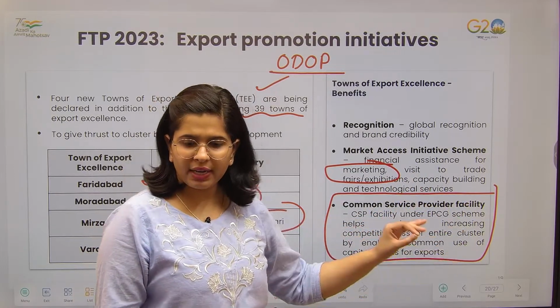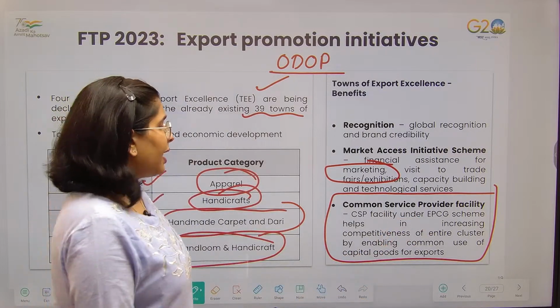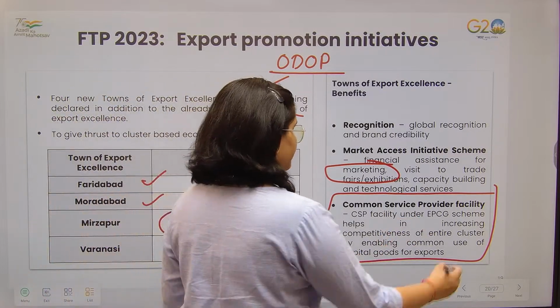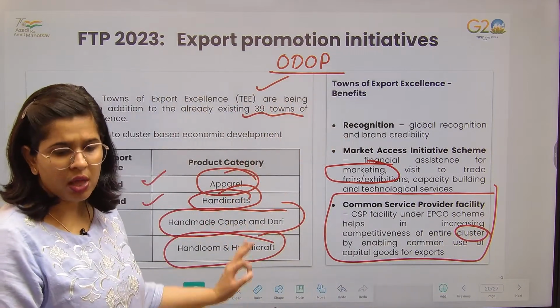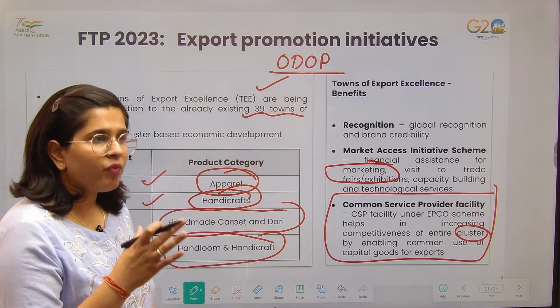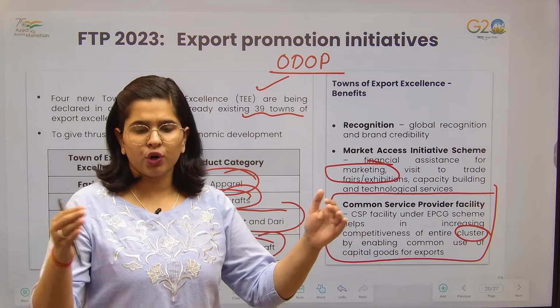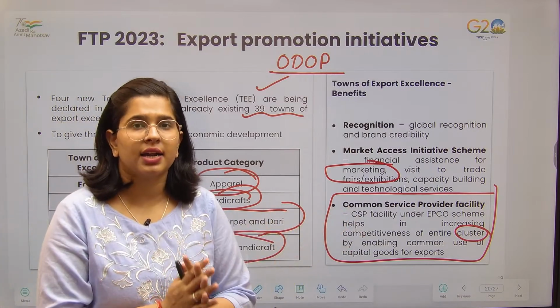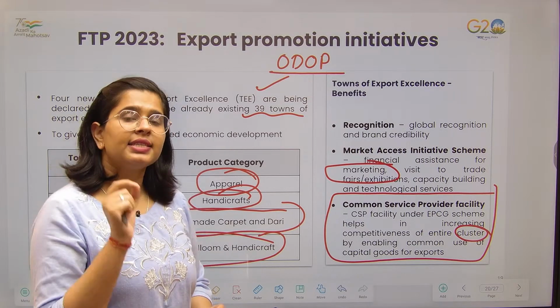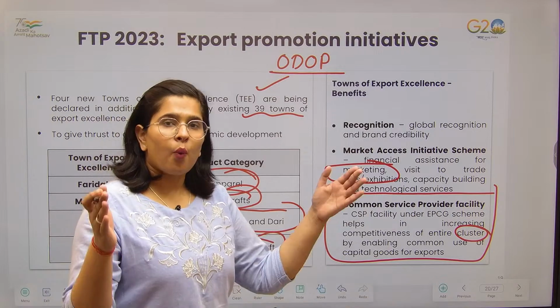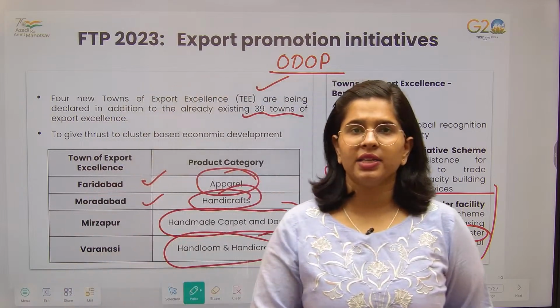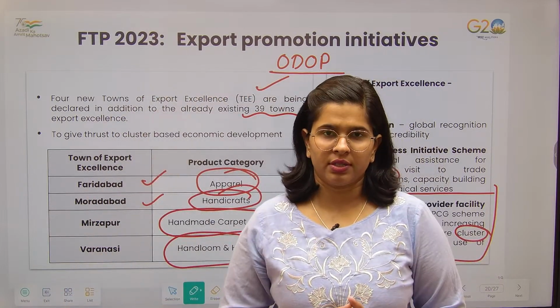Now what government is trying to do is that clusters will be made. Suppose in these districts also clusters will be made, and one cluster means a group of area where the manufacturers are there, they can utilize the same facility of capital goods. That means one machinery is being utilized by so many manufacturers.